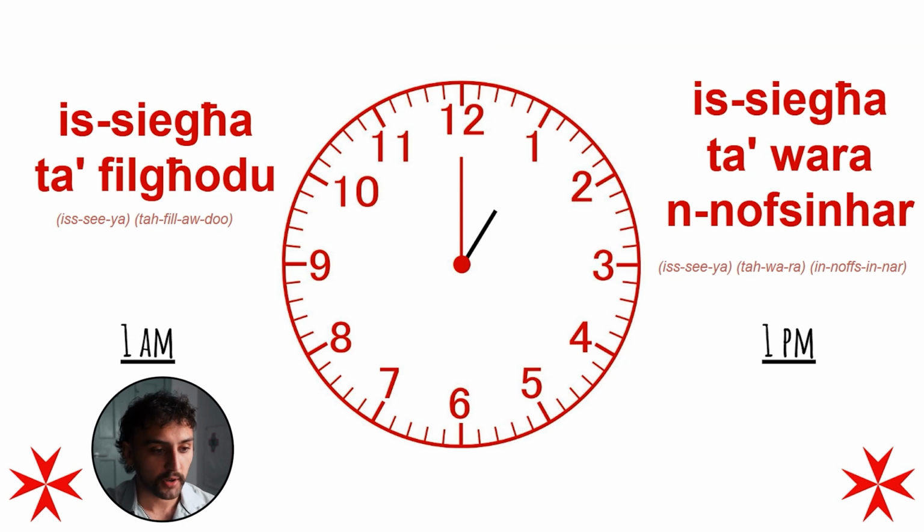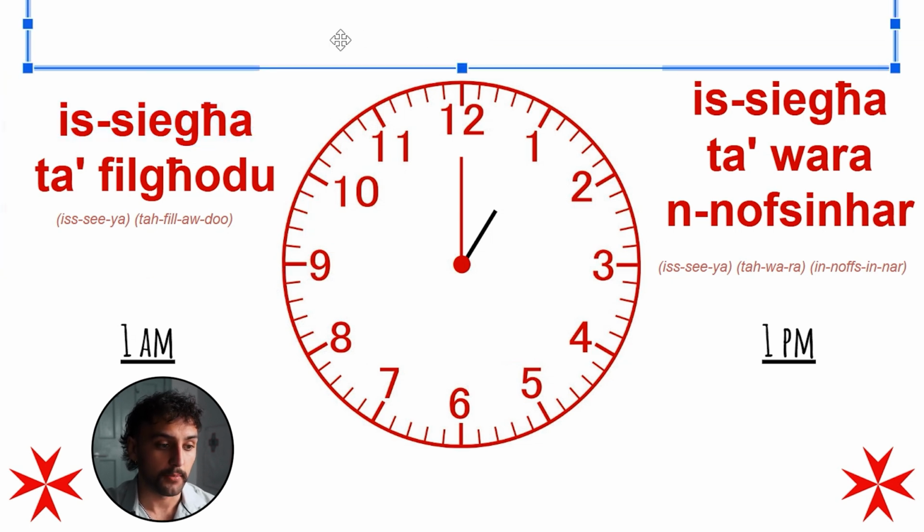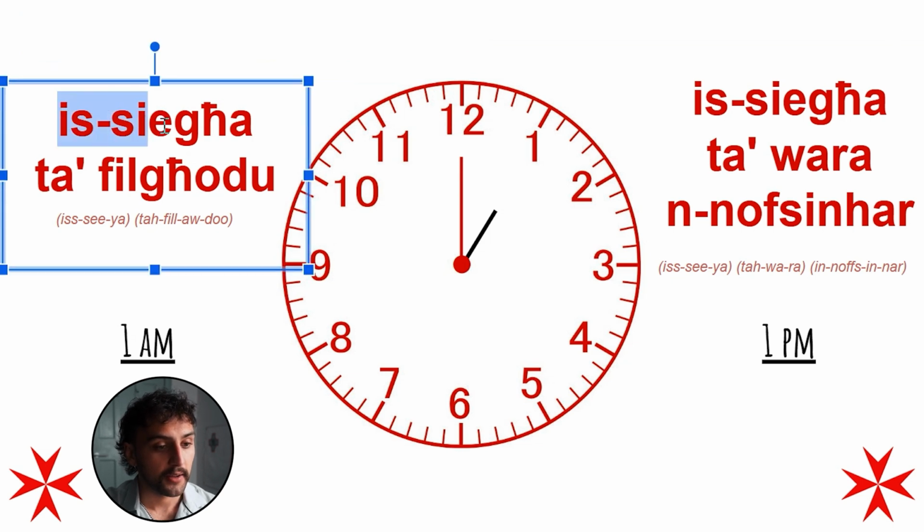But yeah, for 1 o'clock in Maltese, we say issia. That's issia. And just so you know, the word sia is also the word for hour in Maltese, but in this context we are looking at issia, which is how you say it's 1 o'clock. And depending on whether that's in the morning or in the afternoon or evening or night time, you could either add tafilodu on the end of that to say in the morning, or tawara in nofsinar to say in the afternoon.